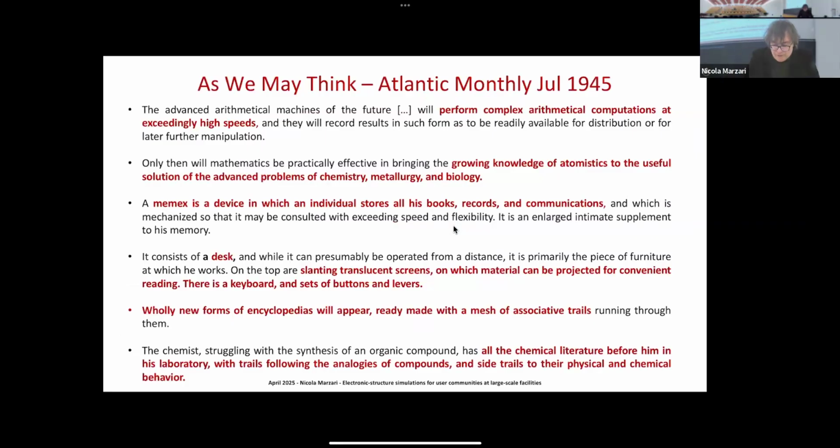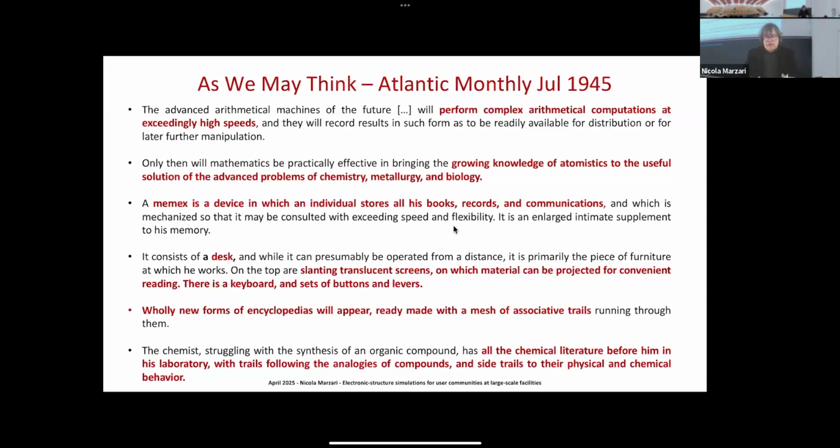And he says, this machine will perform complex arithmetical computations at exceedingly high speeds. And this mathematics will be effective in bringing the growing knowledge of atomistic, the Schrödinger equation, to the useful solution of advanced problems of chemistry, metallurgy, and biology.